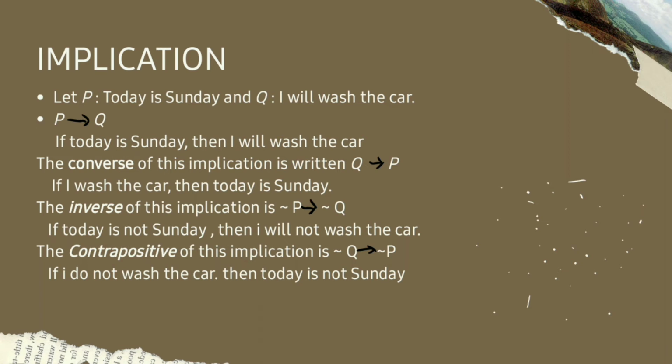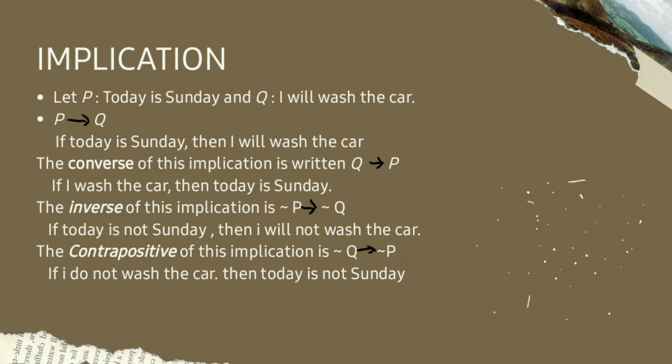So what is converse? In logic and mathematics, the converse of a categorical or implicational statement is the result of reversing its two constituent statements. So the converse of P then Q is Q then P. The conditional statement and its converse are not logically equivalent.